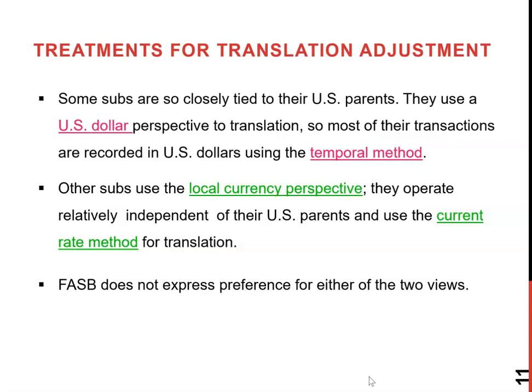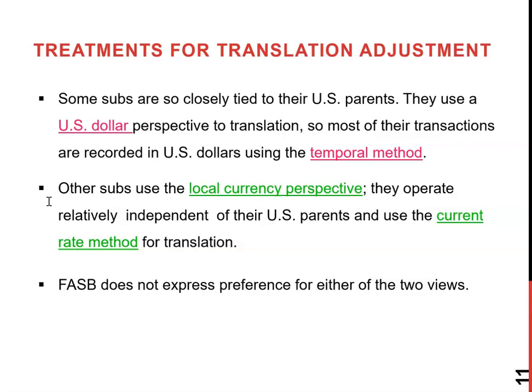Depending on the functional currency used by the subsidiary, you have to decide the method. If your subsidiary is using the US dollar, then you have to use the temporal method. And if your subsidiary is using their local currency, meaning a foreign currency to us, then we have to use the current rate method.